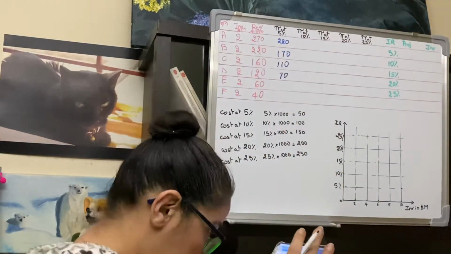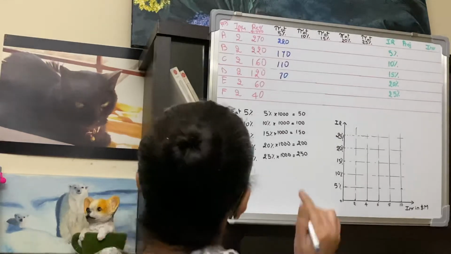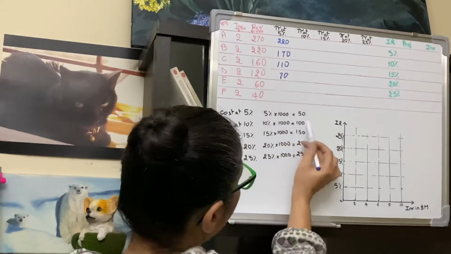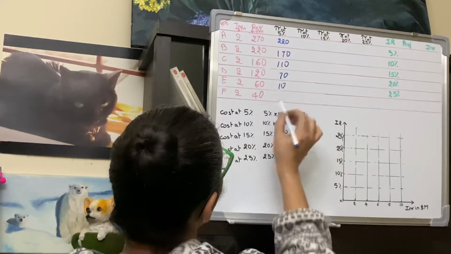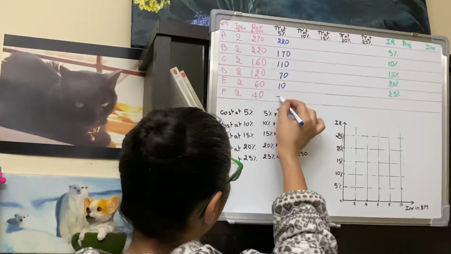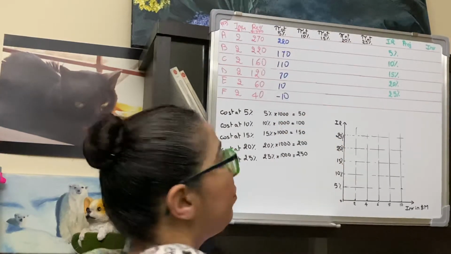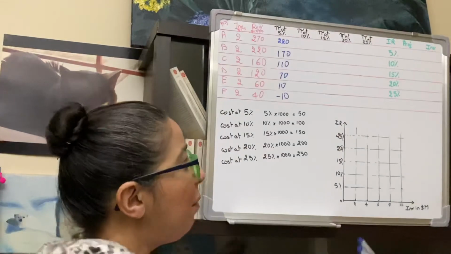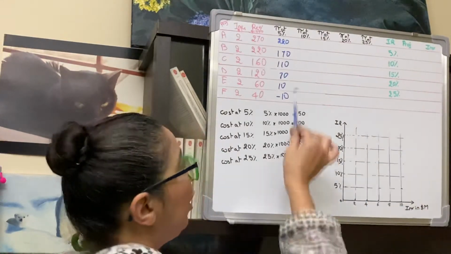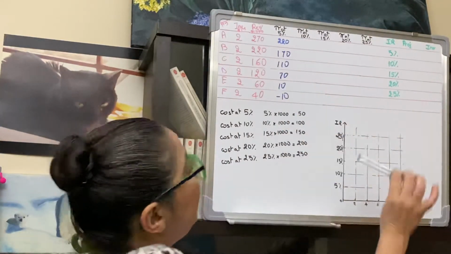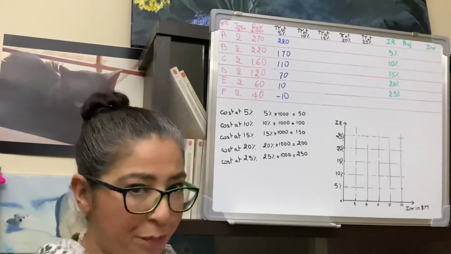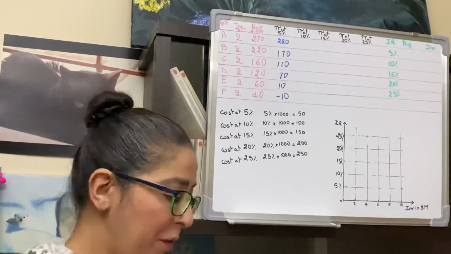I need to check my results. Yes, good. 60 minus 50, that would be 10. And 40 minus 50, it's gonna be negative 10, okay? I'm not gonna find my points yet. I wanna create the whole table, then look at the points I'm gonna have, okay? It's gonna be easier on me.